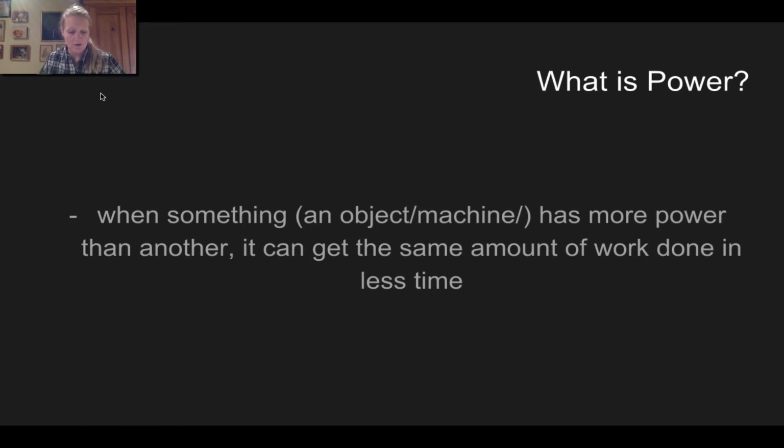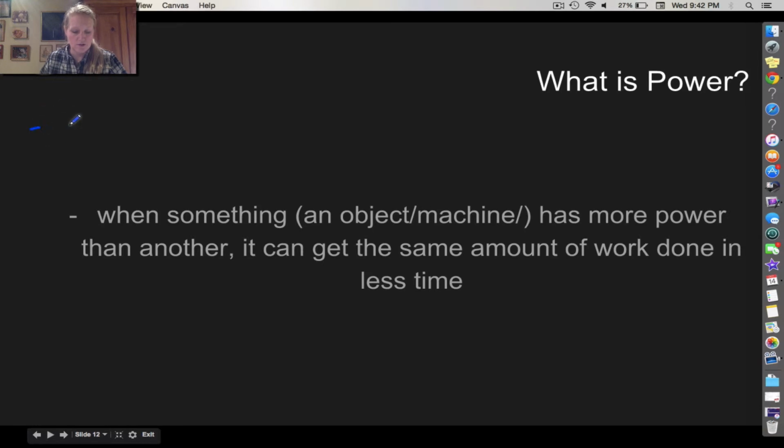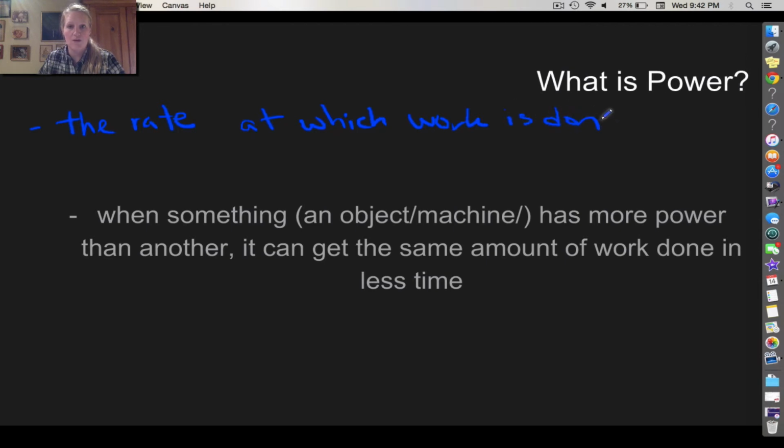To switch over to power, the definition of power is a little tricky to get. It's the rate at which work is done. I was trying to find something where I didn't have to use a new term, and I couldn't. So when an object or a machine has more power than another, it can get the same amount of work done in less time.